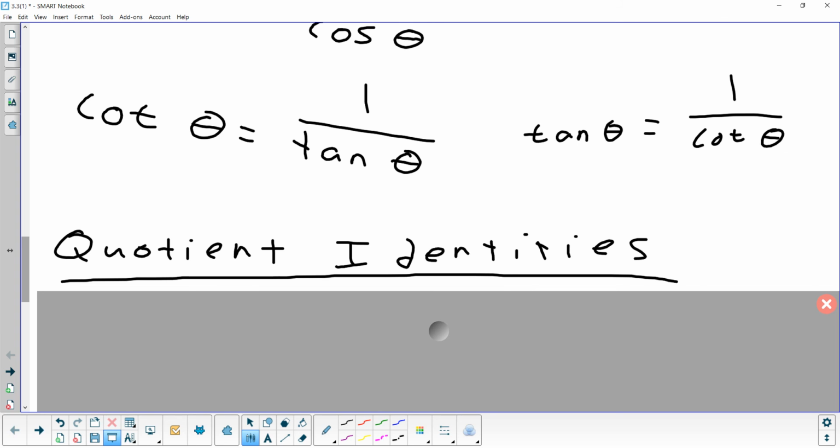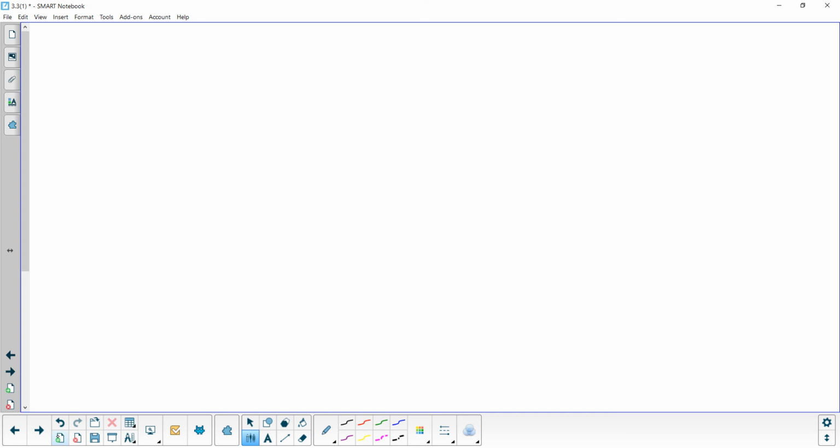And before I show you this one, I want to just go back to something we've done before. When we did unit circle trig, we had formulas for sine, cosine, and tangent. I'm not talking about like opposite over the hypotenuse, adjacent over hypotenuse.